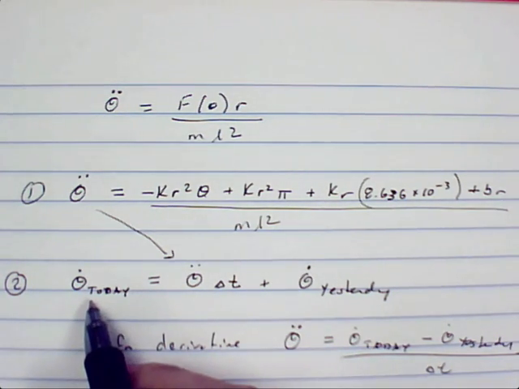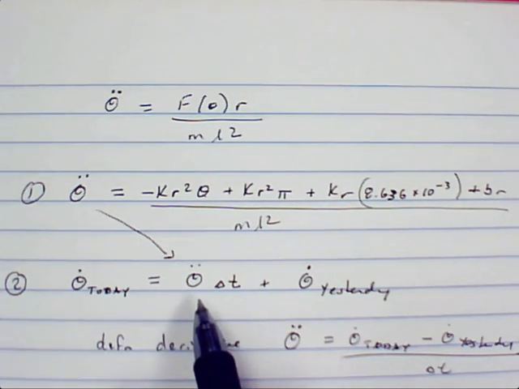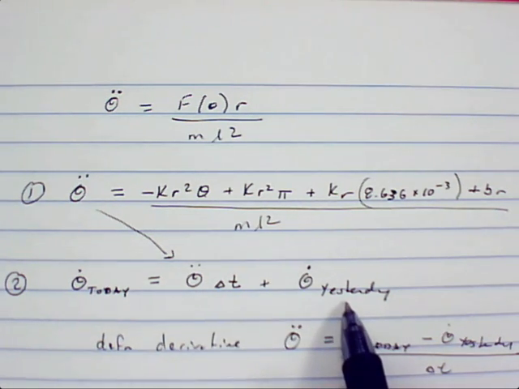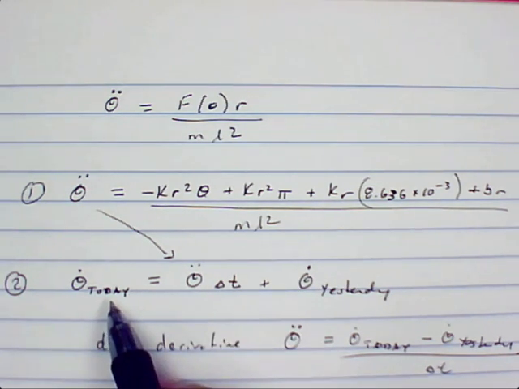But this is the second equation you have. You can calculate the velocity that the shutter is moving at based on the acceleration, based on a delta t, and based on its previous velocity. So the previous velocity plus the acceleration times a delta t gives me my new velocity.